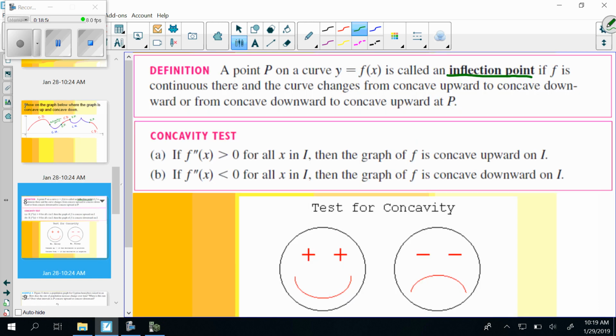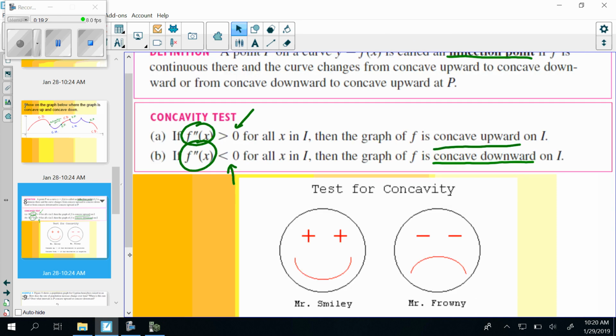Now there is a test to see if something is concave up or concave down with the function. And what we do is we just check the second derivative. So the second derivative of a function, where that's greater than 0 or positive, then the graph is concave up. If your second derivative is less than 0 or a negative number, then it's concave down. To help remember this, you can use the little Mr. Smiley, Mr. Frowny test.